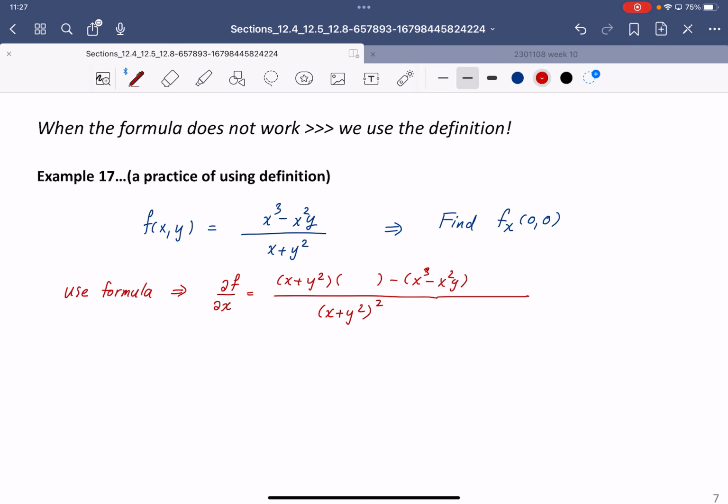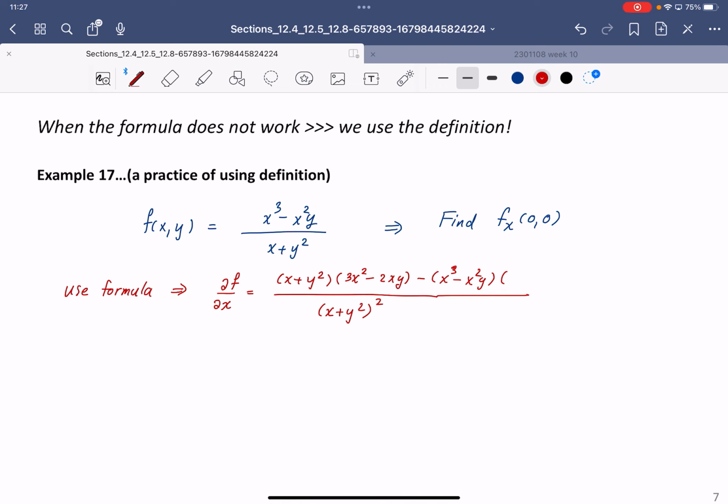With respect to x, so you get 3x squared minus 2xy. This is low d high minus high, and then d low, it's gonna be 1, right? And then over low square.